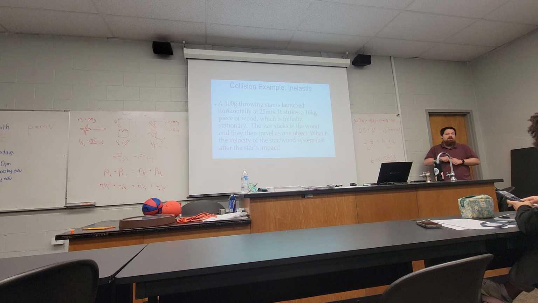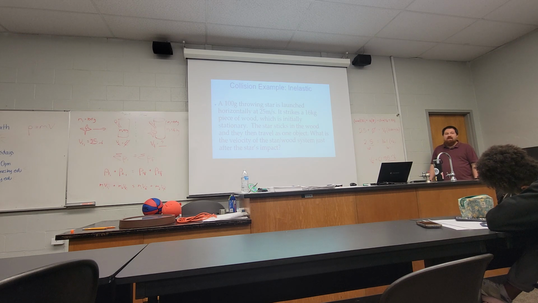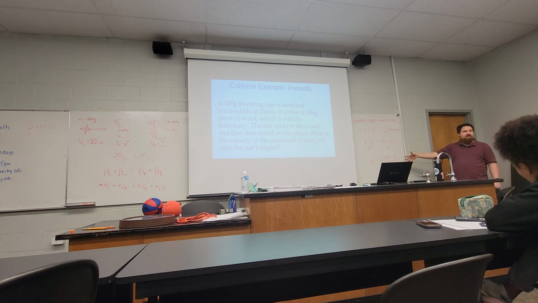Not very fast. The log might twitch slightly, maybe it'll fall off the post, but it will twitch. It doesn't drop just straight to 0. It is absorbing momentum from the shuriken. It is going to move slightly.